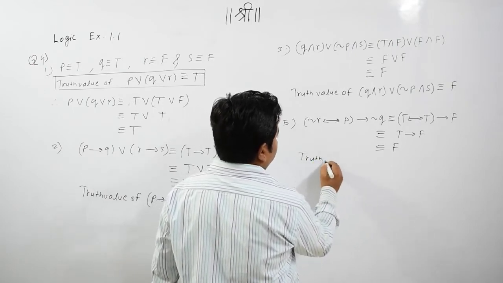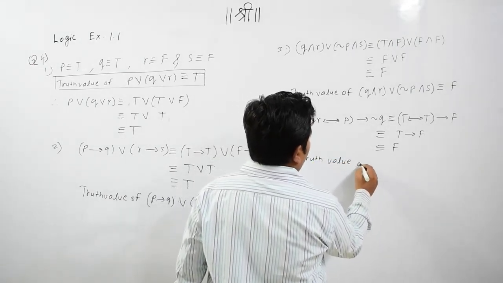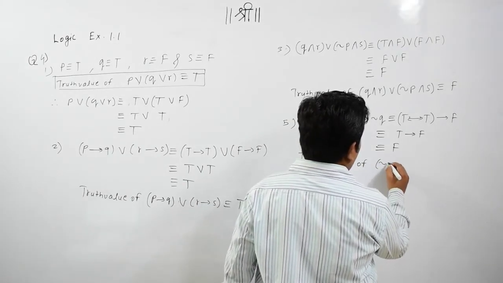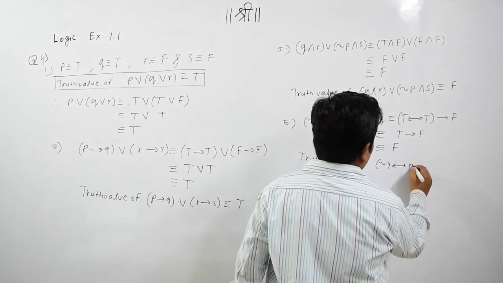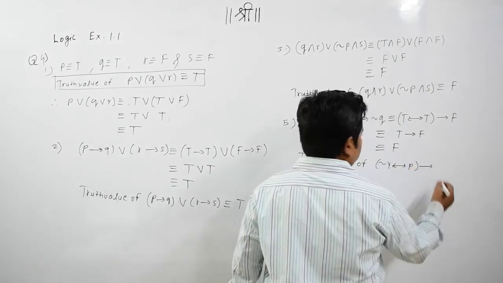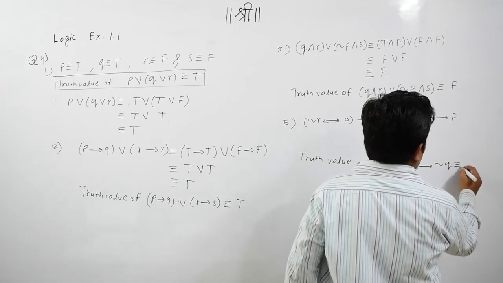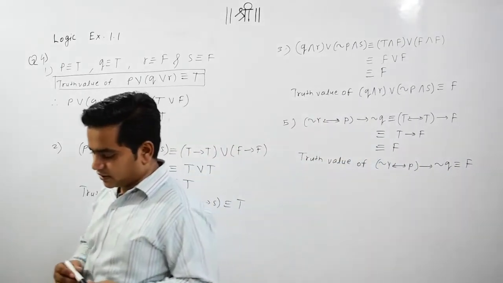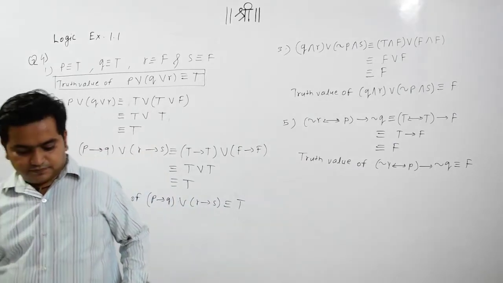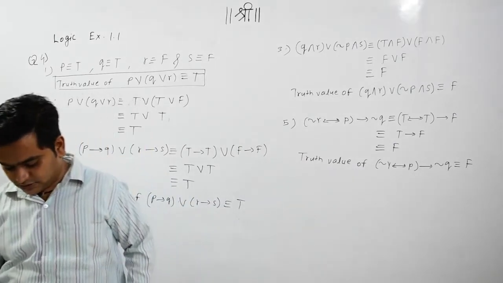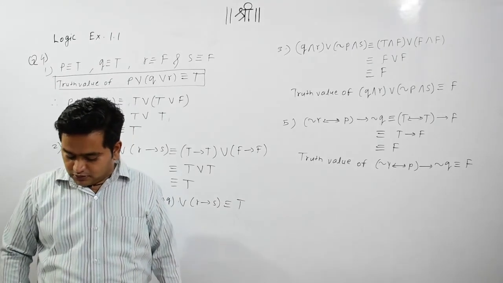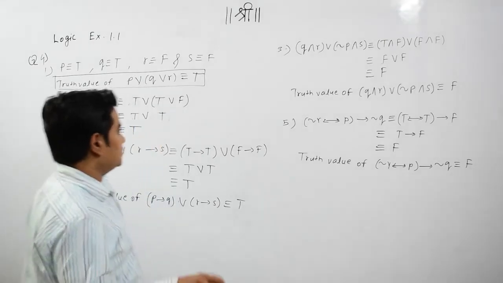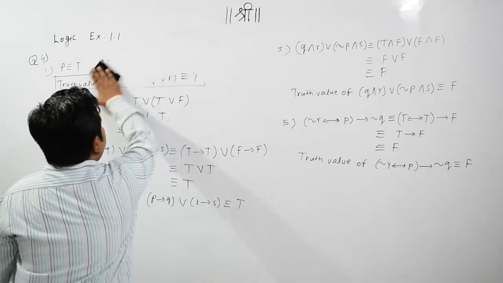So the truth value of negation of R double implies P implies negation of Q is equivalent to F. Just check the answer whether it is right or wrong. Now next question says something like this. Now it is lengthy. It looks lengthy, but it is simple. Okay, so I will solve question number 6.